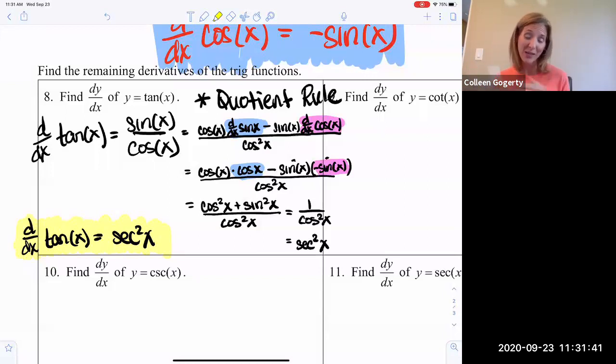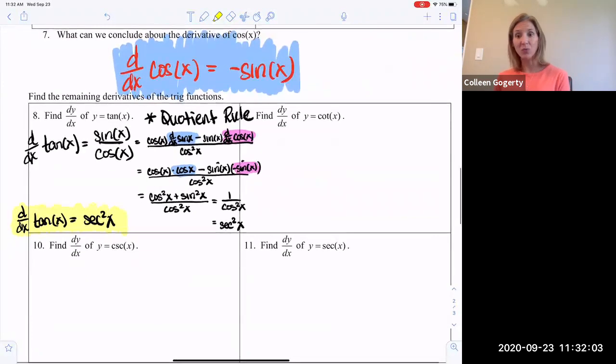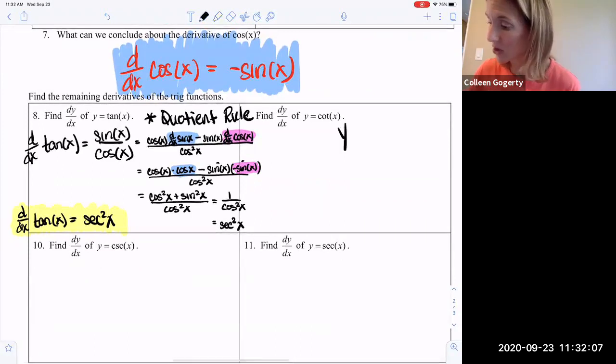So this sheet that I keep talking about that you should have right now, you should have added today that the derivative of sine is cosine. You should have added that the derivative of cosine is negative sine. You should now add that the derivative of tangent is secant squared. Okay? Please, please, please do that. All right? So I'm going to tell you that it's really similar for the next one. So here's the deal. I want you to try this on your own.